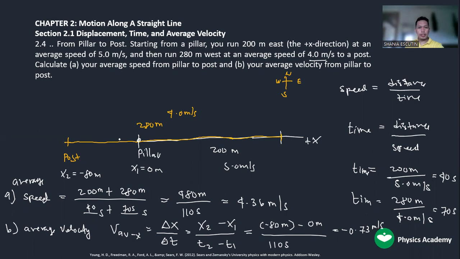That's the difference between displacement and distance. The displacement is the final position minus the initial position, which is negative 80. So negative 80 divided by 110 gives us 0.73 meters per second.